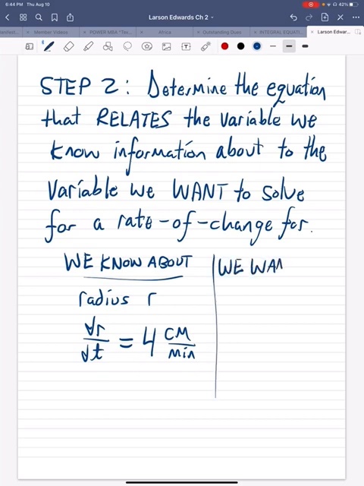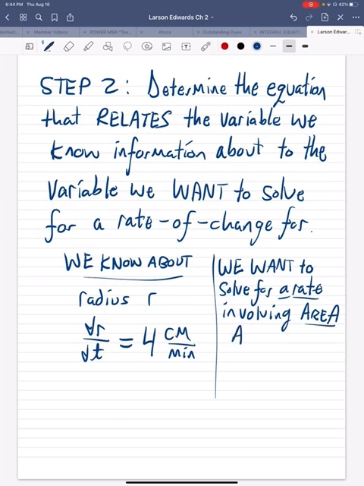We want to solve for a rate involving area A. dA dt is equal to what?